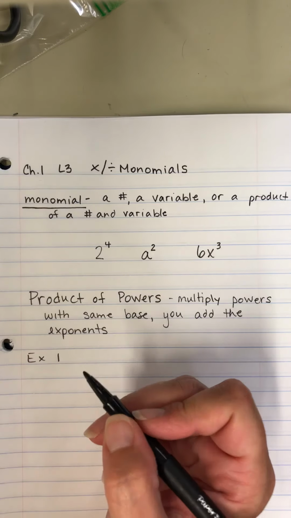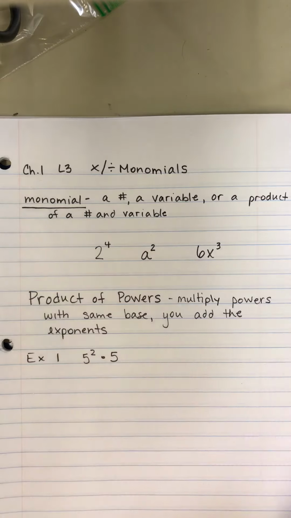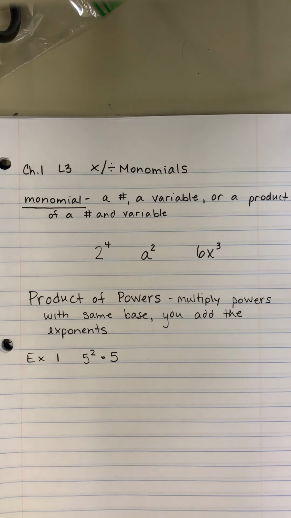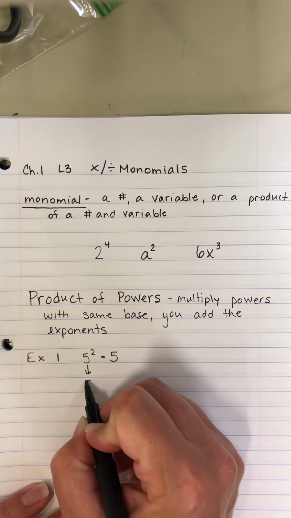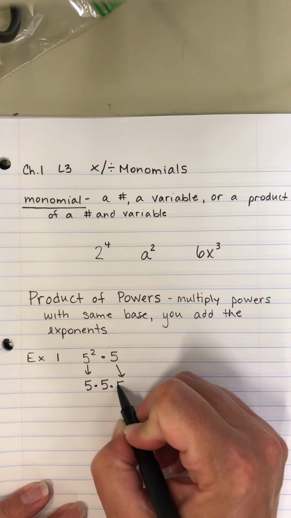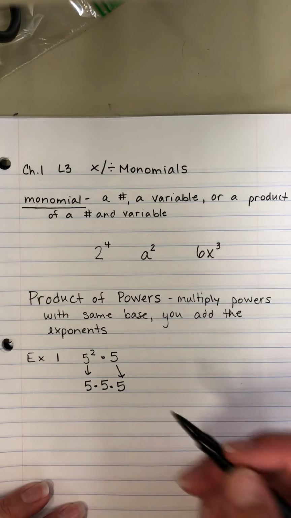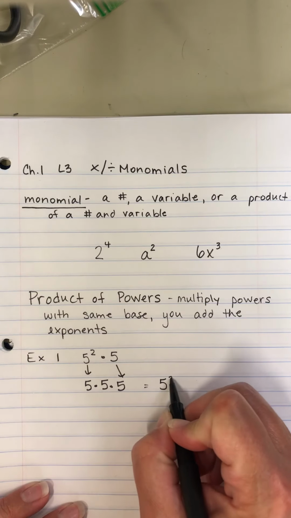Example 1 in your book is to find the product of 5 squared times 5. Well, remember, I can rewrite 5 squared as 5 times 5, and then this one comes down as also times 5. If I rewrite that or squish it back together and write it as a power, it's 5 to the 3rd power.